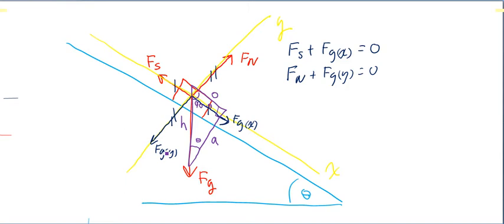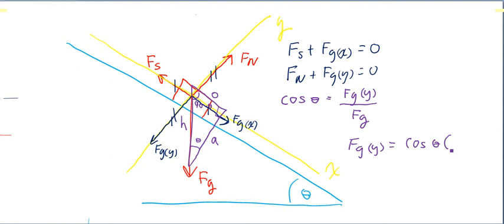Next, then, we know that cosine theta will be equal to force gravity in the y direction over force gravity. And so that means that force gravity in the y direction equals cosine theta times force gravity.